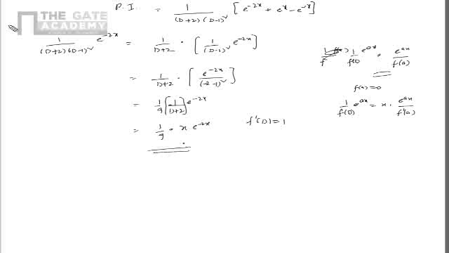Now the second term is 1 by (D plus 2)(D minus 1) whole square, e power x. How do we get this?